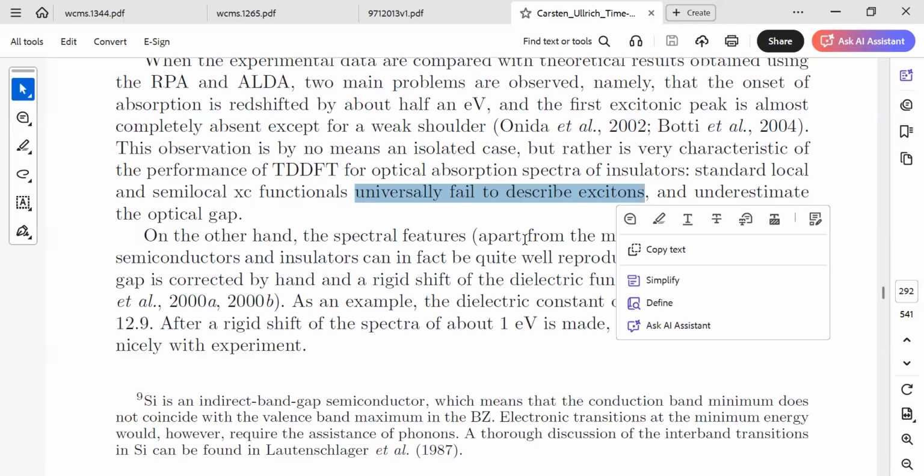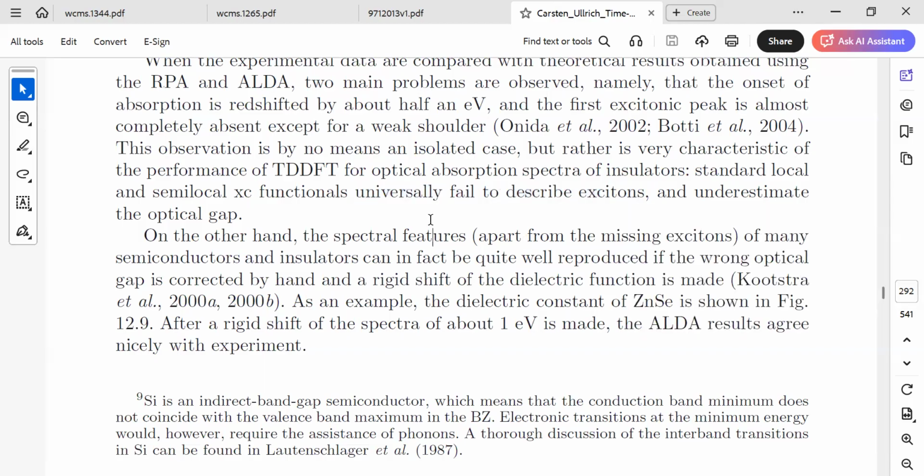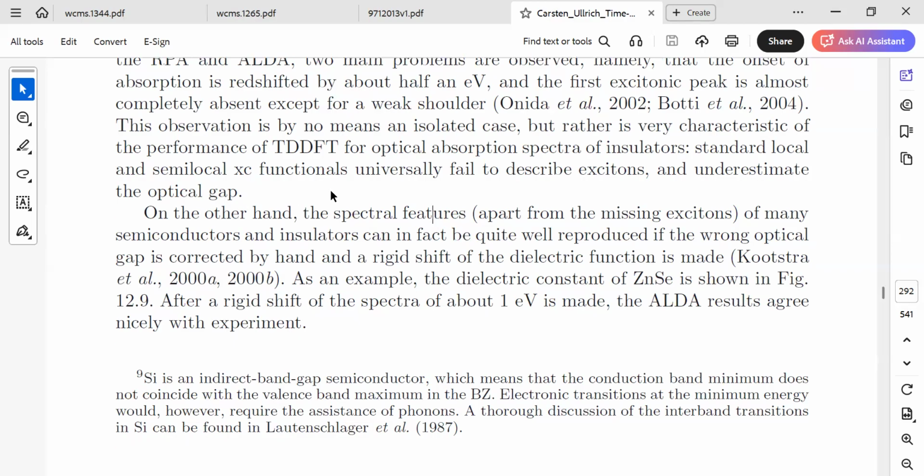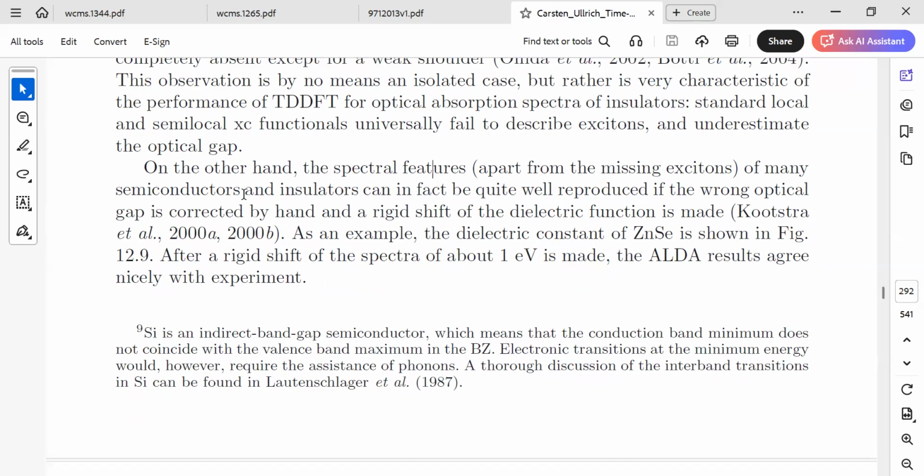Even in simple or complex systems, there is no system in which these local and semi-local functionals describe excitons. According to their results, there would be no excitons at all. And the second problem is that they underestimate the optical gap.